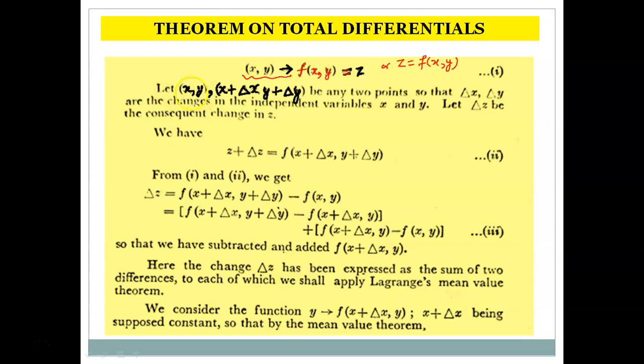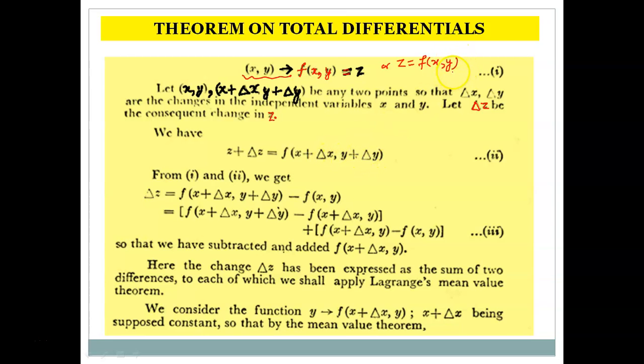Now let (x, y) and (x plus delta x, y plus delta y) be two points, so that delta x and delta y are changes in the independent variables x and y, and let delta z be the consequent change in the dependent variable z. So we can have z plus delta z equal to f(x plus delta x, y plus delta y).